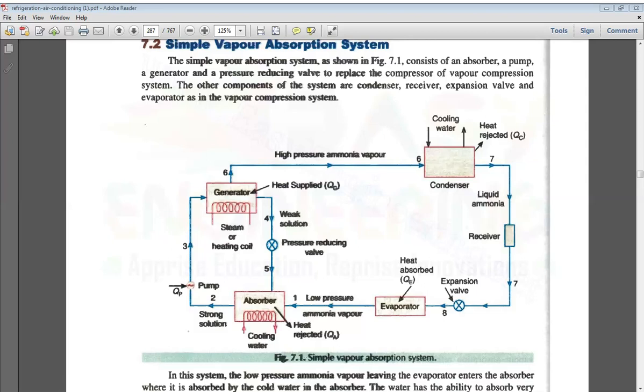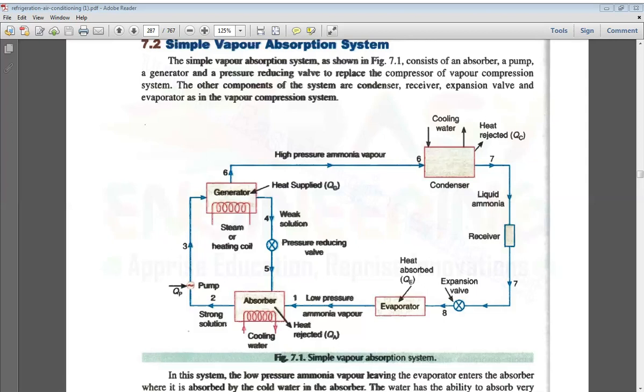In this absorber, we use H2O, water, as the absorbent. The low pressure and low temperature ammonia vapor enters the absorber, forming a strong solution. The strong solution of the ammonia refrigerant is pumped using a very small capacity pump and enters the generator.